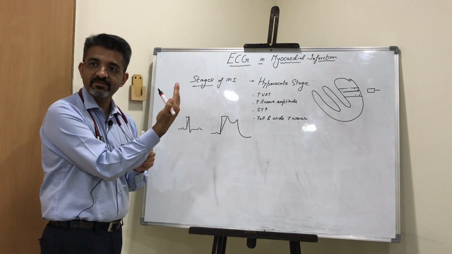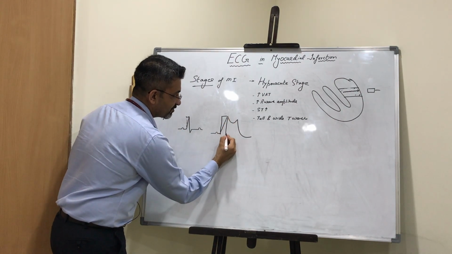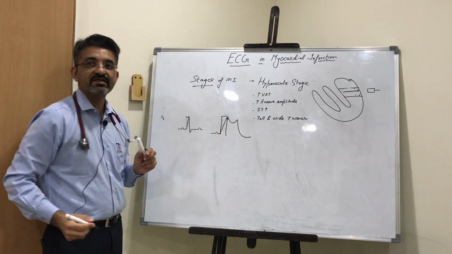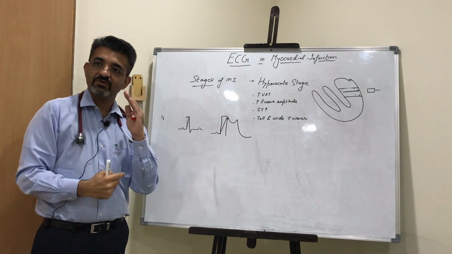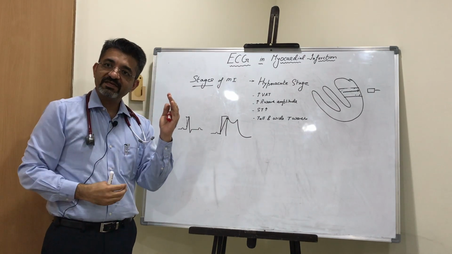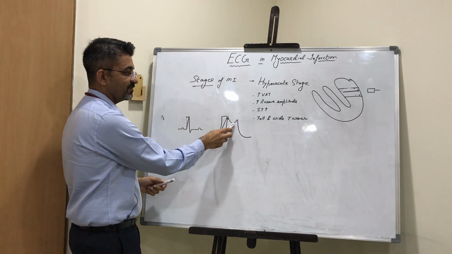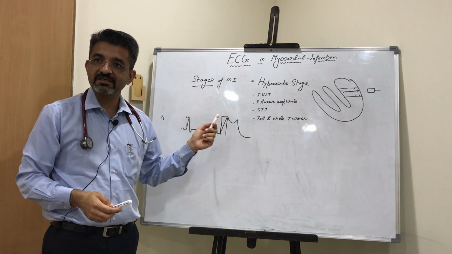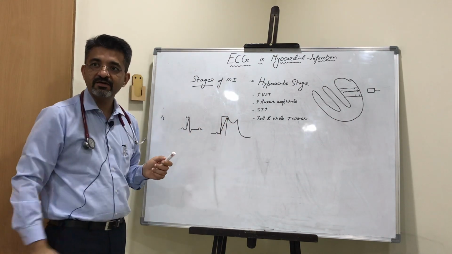And when it is taking time, the peak of the R wave also gets higher. The intensity goes up because more time is being taken by the R wave to develop. The more time it takes, the higher it gets, right? Then I have ST segment elevation. We discussed the reason for ST segment elevation, and we have T waves which are tall.